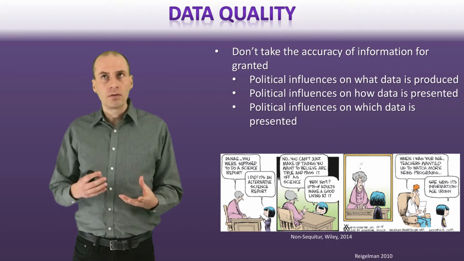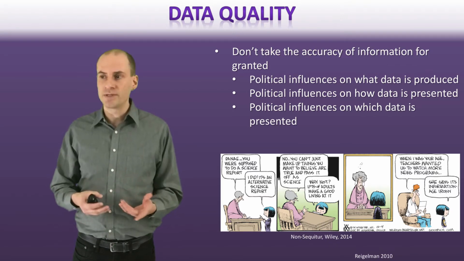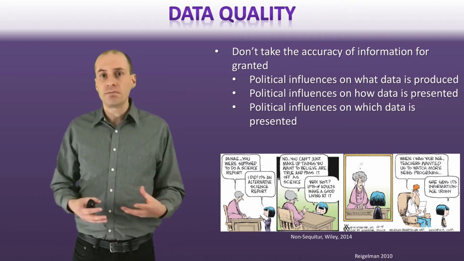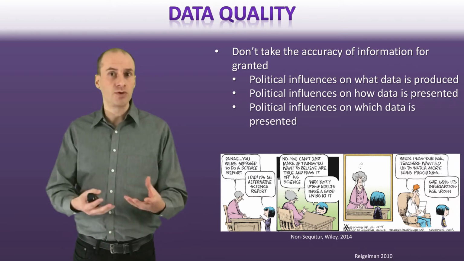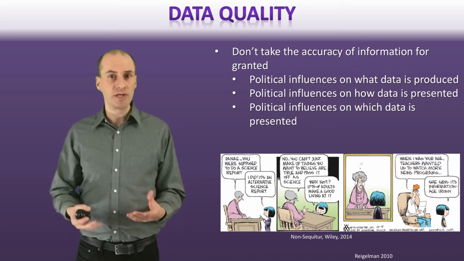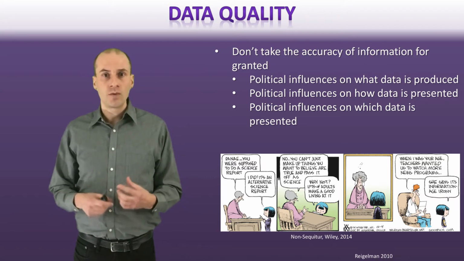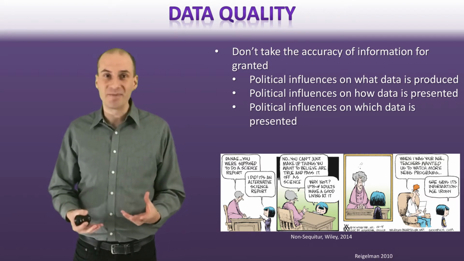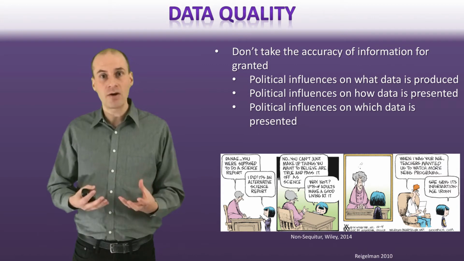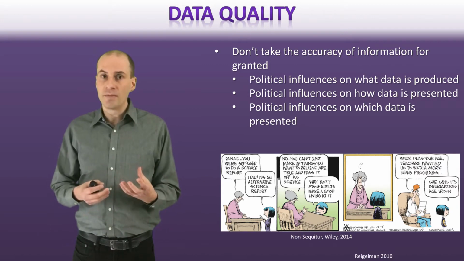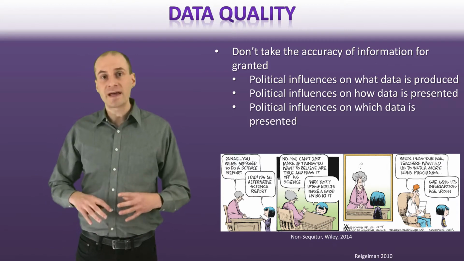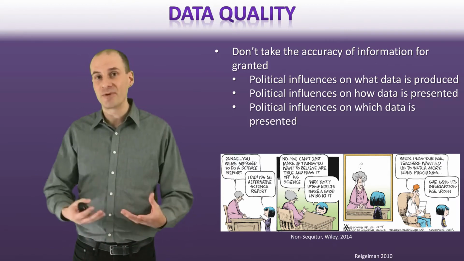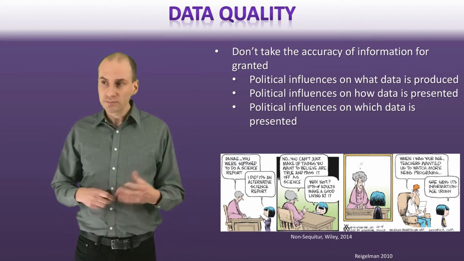Remember, all data and how it's presented, there's going to be political influences on it, both in terms of what data we choose to produce, what types of research we do, right? We do research because we think it's important, because we care about it. But we also sometimes do it because that's where the funding is, right? So that can influence what is actually produced and is put out there.